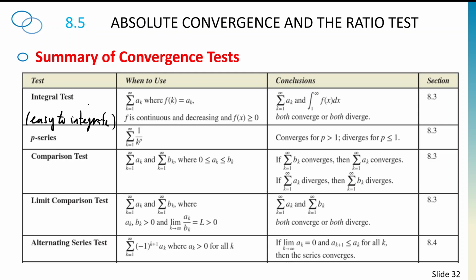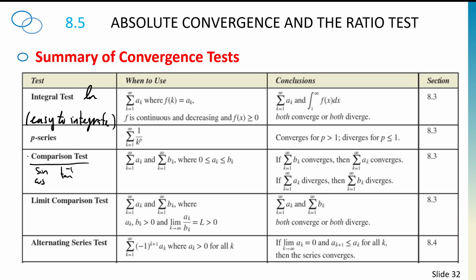Basically, most of the time, if there's ln in the question, an exponential, or 1 over x squared plus 1, something easy to integrate, I can use the integral test. For the comparison test, after you learn the limit comparison test, I advise you to use the comparison test only if you have trig, like sine, cosine, or tan inverse.